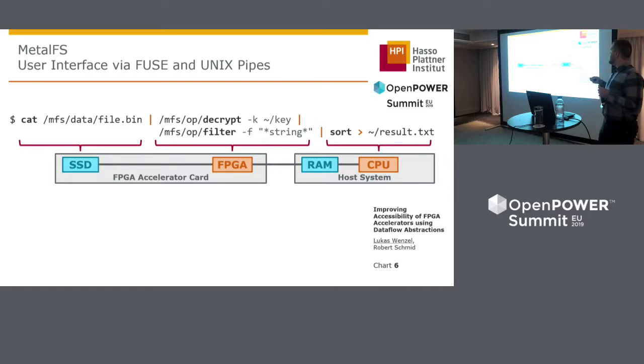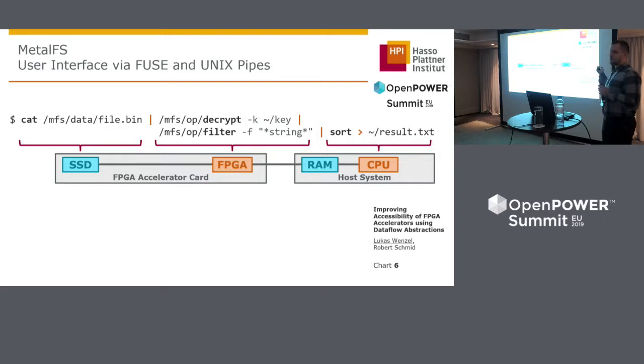And as you see, if these operations that are exposed in the operators section are called, they do not cause data to be routed to the CPU or RAM on the host system, but are translated to equivalent configurations for the FPGA on the card. Also, the data stream from the NVMe storage is routed directly to the FPGA, so that only this last pipe here corresponds to data being moved on the host system.